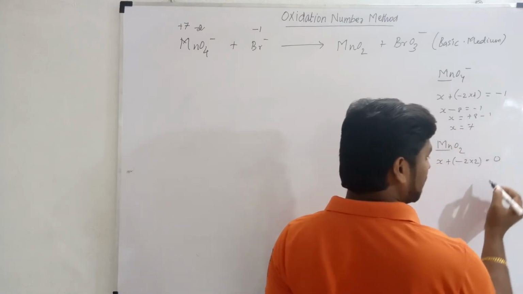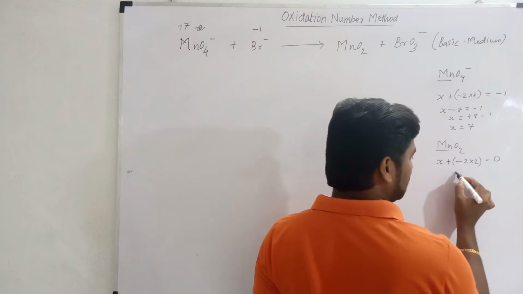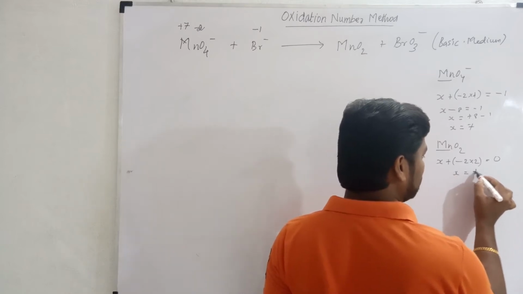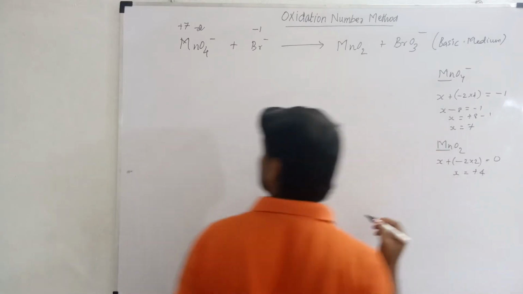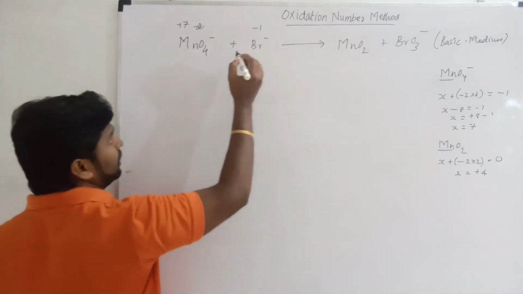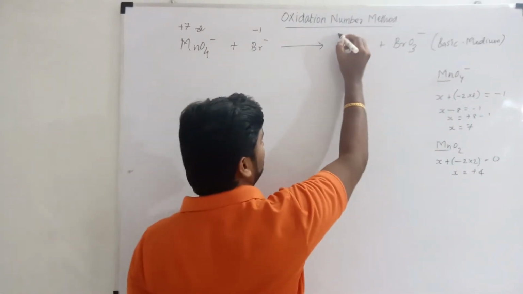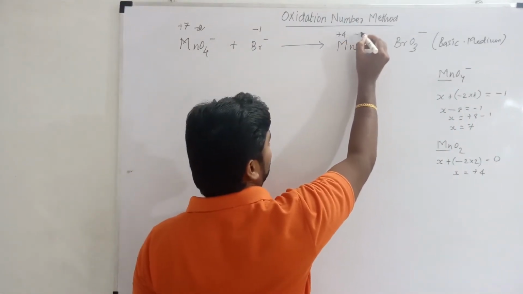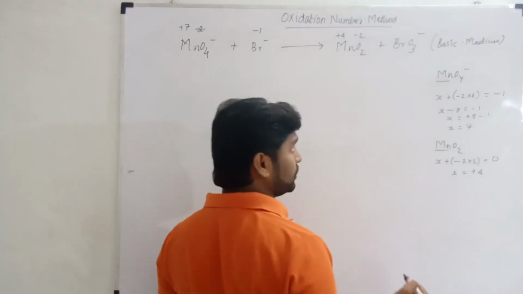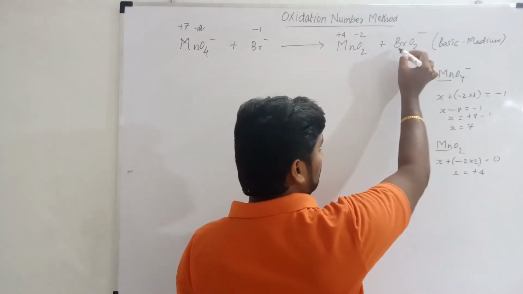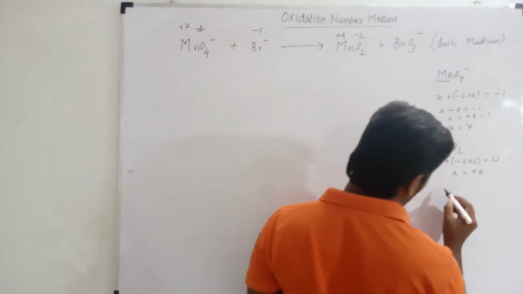If you solve this, we get X = +4. So the oxidation state is +4, and oxygen is -2.